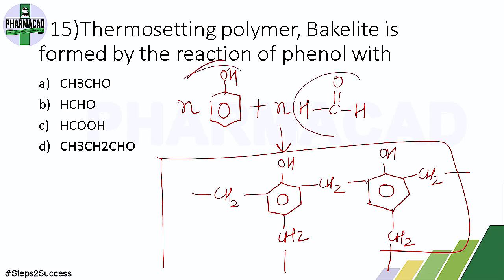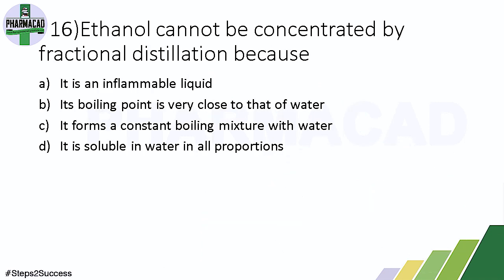Next question. Ethanol cannot be concentrated by fractional distillation because the boiling points of ethanol and water are very close to each other, and the constant boiling mixture of ethanol with water is an azeotropic mixture, which boils at 78.1 degrees Celsius, and only because of this the fractional distillation is not possible.